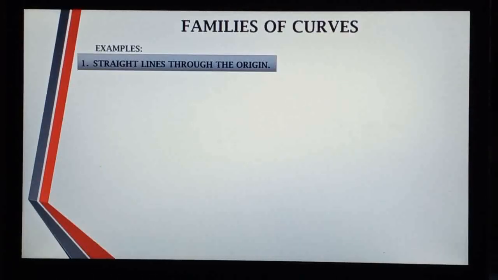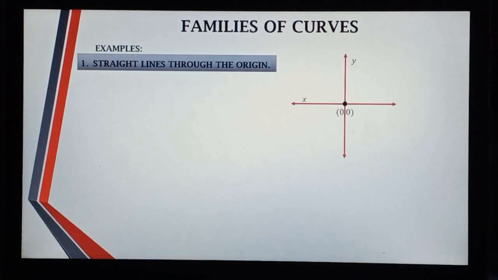Okay, example number one, you have straight lines through the origin. So, meaning to say, you have any straight lines which is passing through the origin. So let's say you have your Cartesian coordinates, which is the x and the y, then identifying the origin, which is the 0, 0.